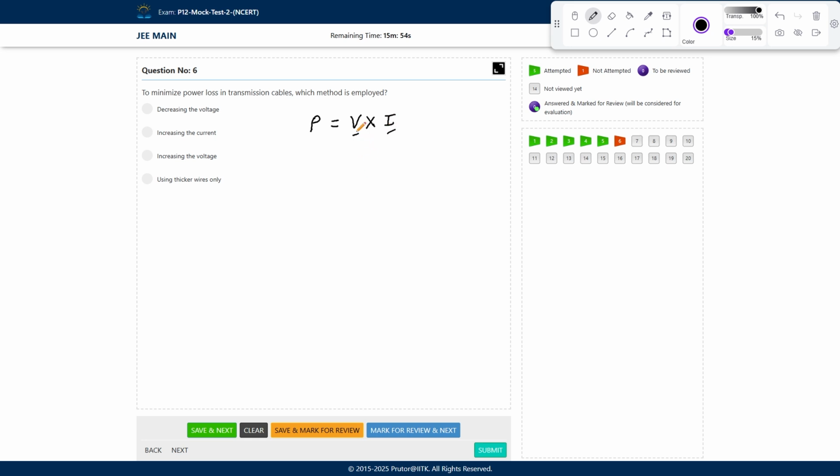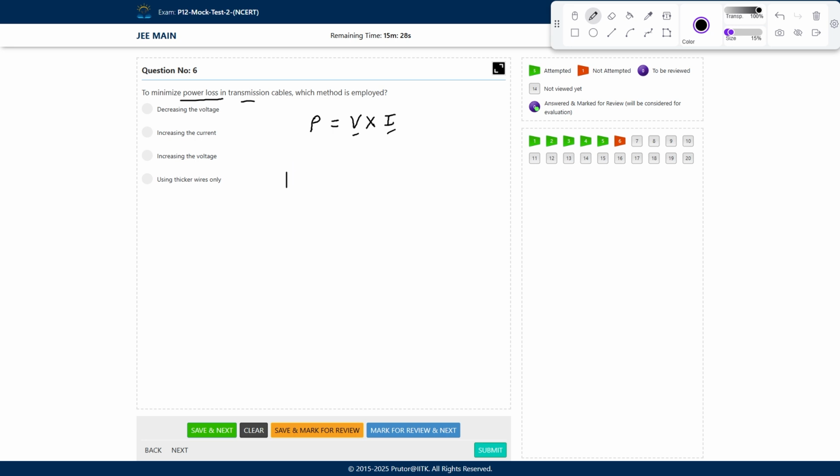Okay, now the source is provided by some distant source. The electricity or power supply is provided by some distant source, and from that distant source we have to transfer the electricity through transmission cables. Okay, now what method is employed? So we are going to minimize the power loss.